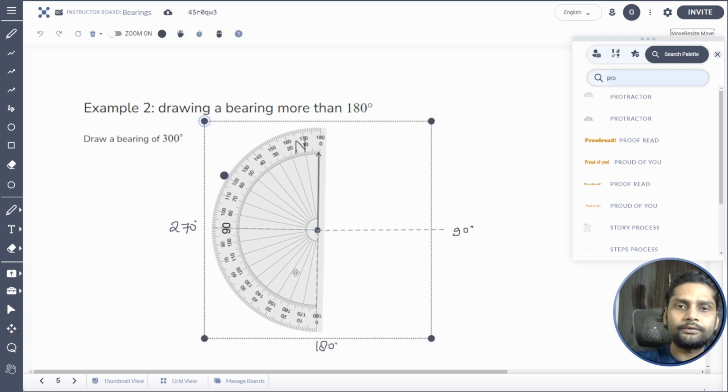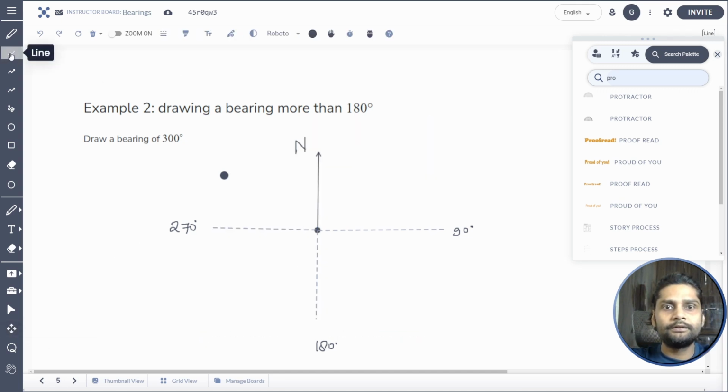Then we can remove the protractor and simply connect the point with the initial reference point, and make sure to draw the angle in the clockwise direction. You can't draw the angle like this. You have to draw the angle from the north line to this terminal line in the clockwise direction.